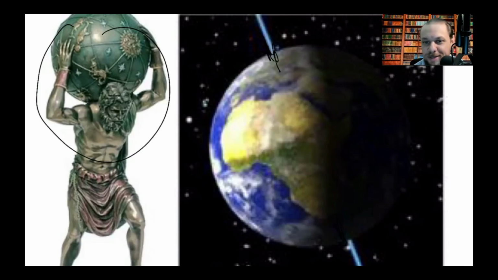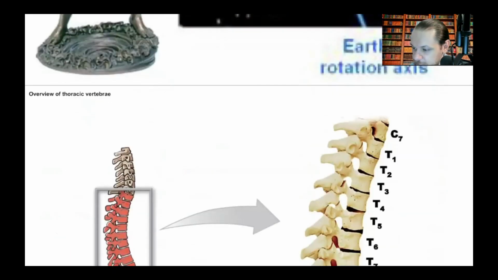In rare instances, the name tells us about the function. If I wasn't sure what C1 does and I said, well, it's atlas, and C2 is axis, you could infer, based on mythology, as you said, well, the guy holds up the globe, and rotation. So this is essentially what they're named after.